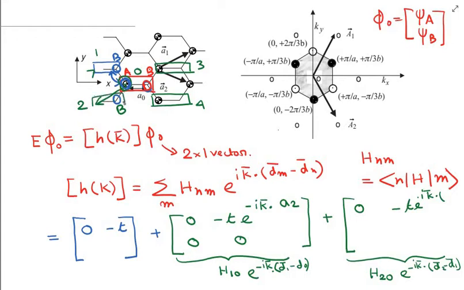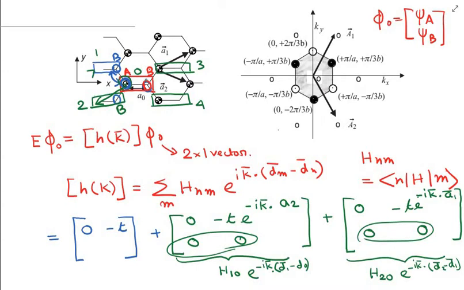Remember that this is our unit cell, so this vector is nothing but minus a1. So this is the vector a1, so this vector is minus a1, so e to the power minus ik dot a1, and then 0 0.